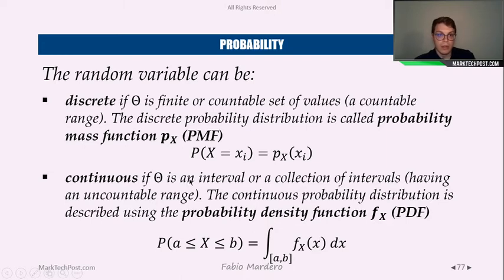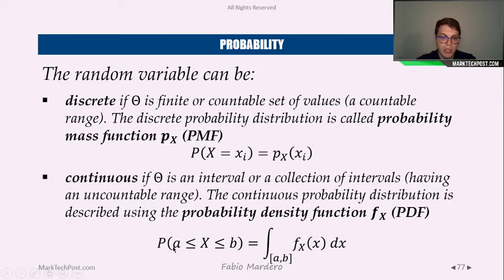If the random variable is continuous instead, the function maps to an interval or a collection of intervals, and we describe the continuous probability distribution as a probability density function, f of x, also written as PDF.